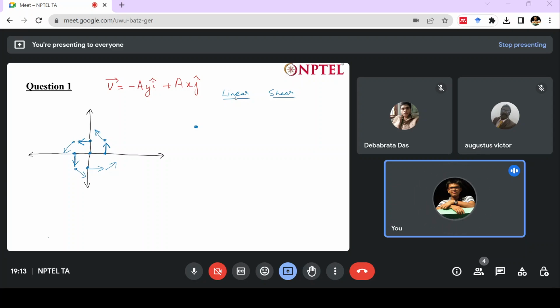I just need to understand the velocity field, and how the given velocity field is affecting my flow, the geometry of the flow. So all these deformations are expected to be a function of velocity, because velocity is given, and from that given velocity we are looking at the flow geometry.